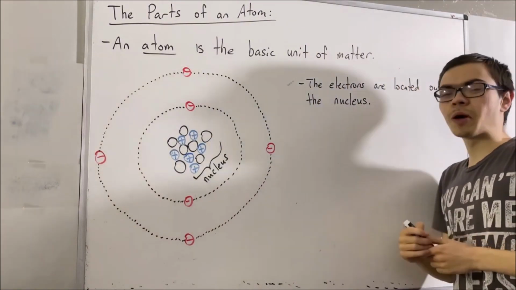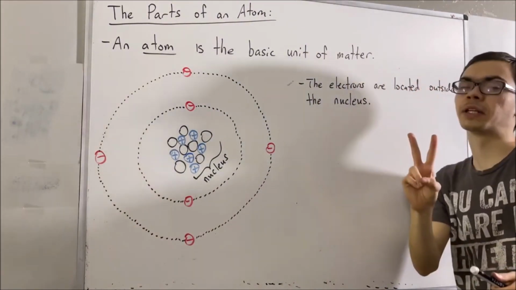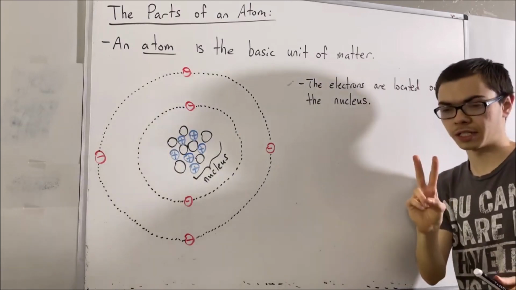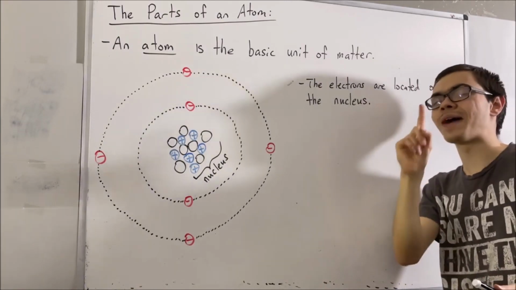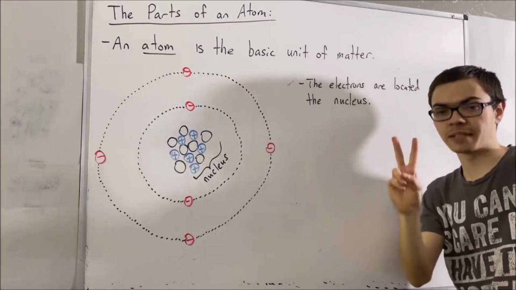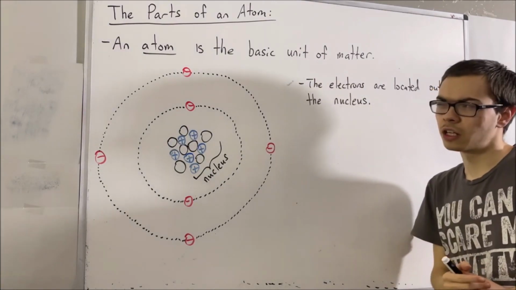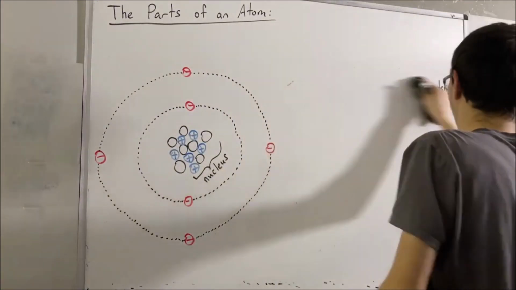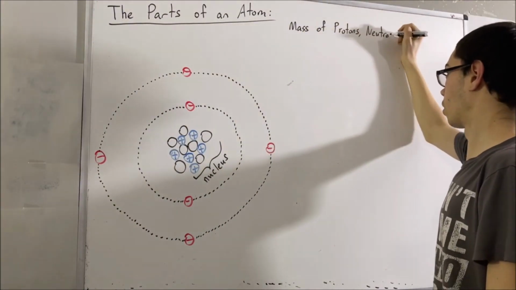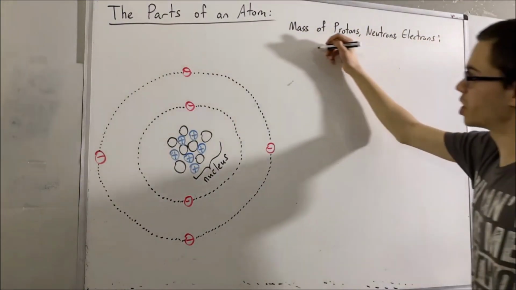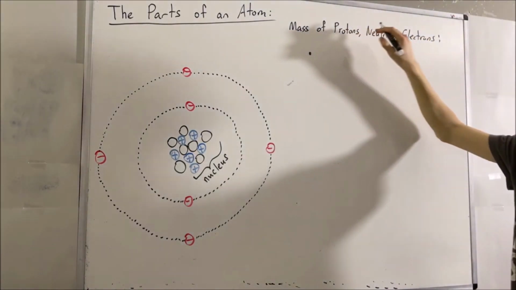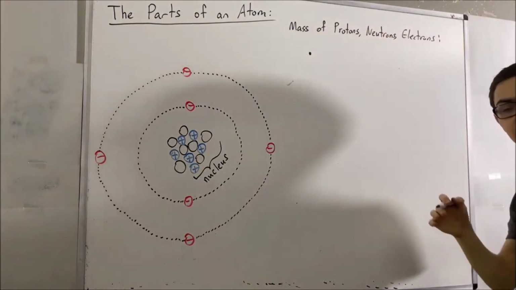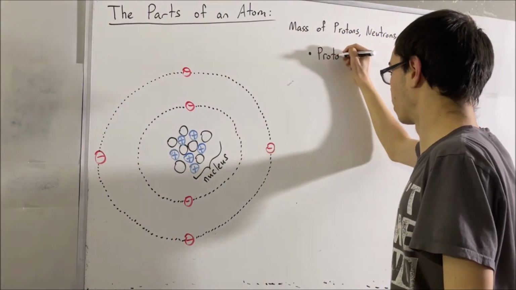Now, I would like to talk about two properties of protons, neutrons, and electrons. The first being their masses, and the second being their charges. Let's start by talking about the masses. Okay, so to start, protons and neutrons have approximately the same mass.